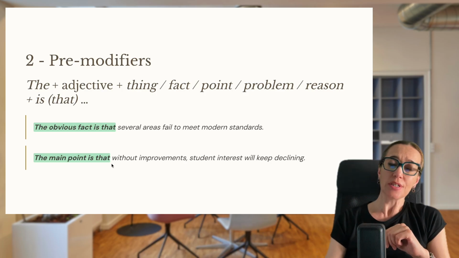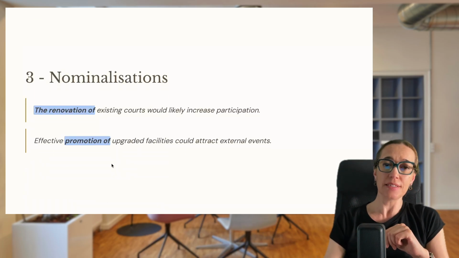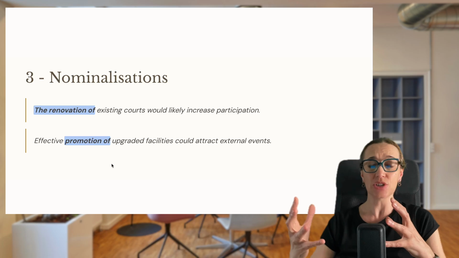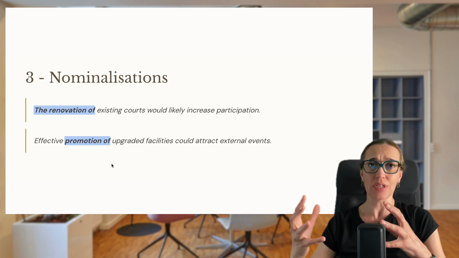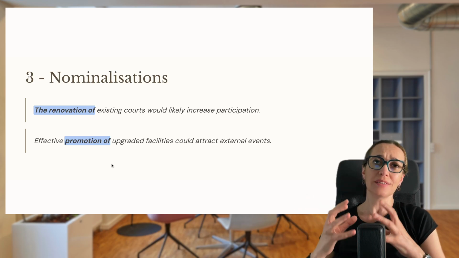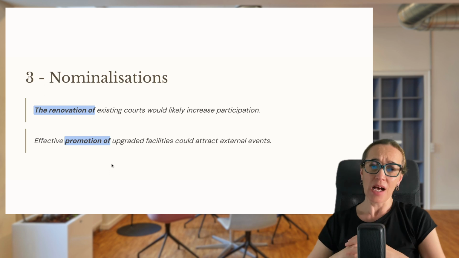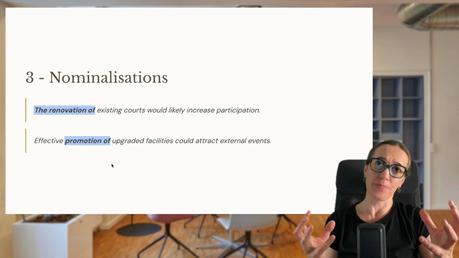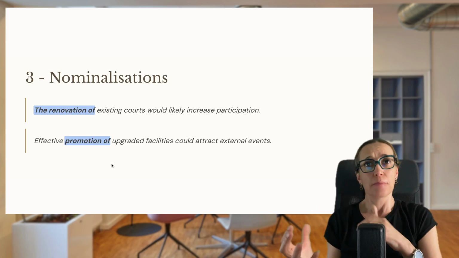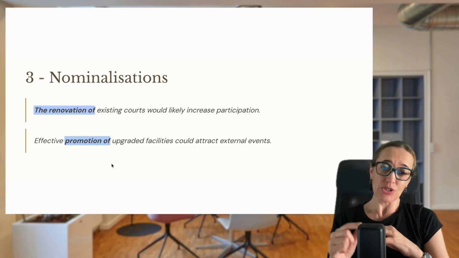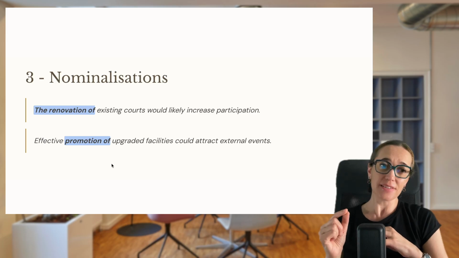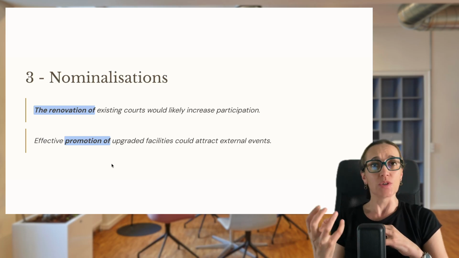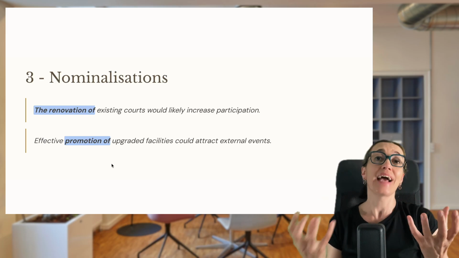Our third grammar structure relates to nominalizations, and what these are. We've got the usage and the presence of nouns rather than verbs, because using nouns makes the argument sound objective and academic.